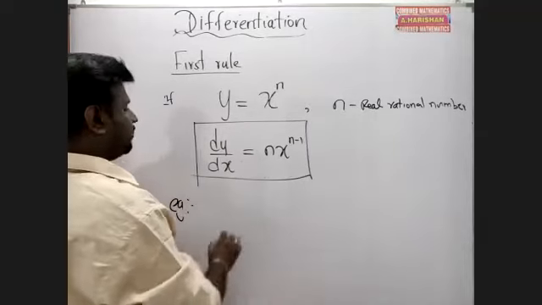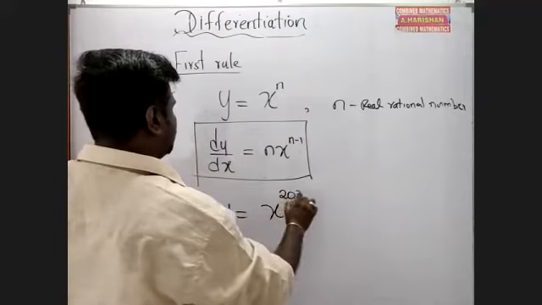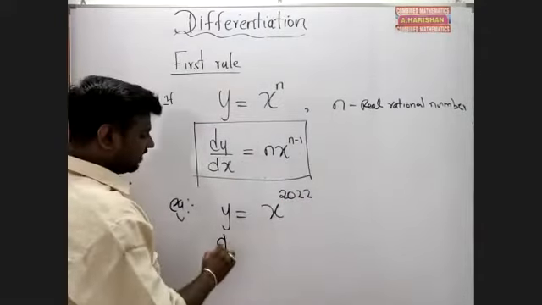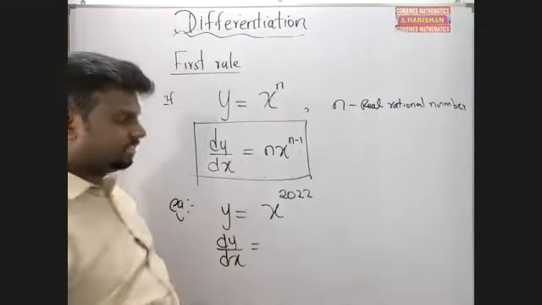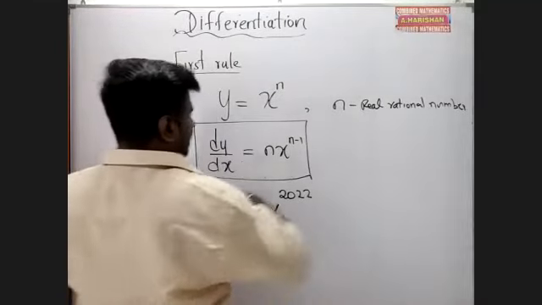My favorite example always. We'll start with this, 2022. So now find dy by dx. That means I am differentiating with respect to x. So it's better to write that somewhere here.